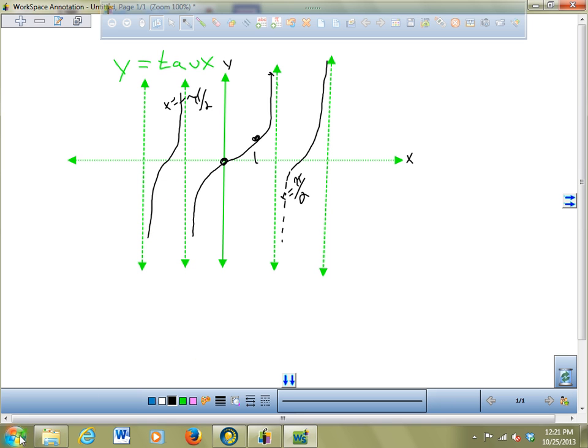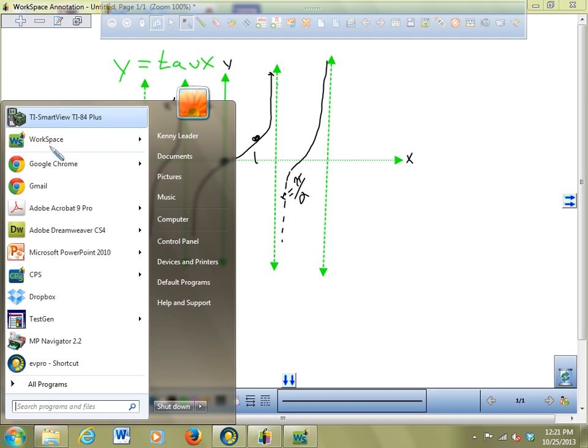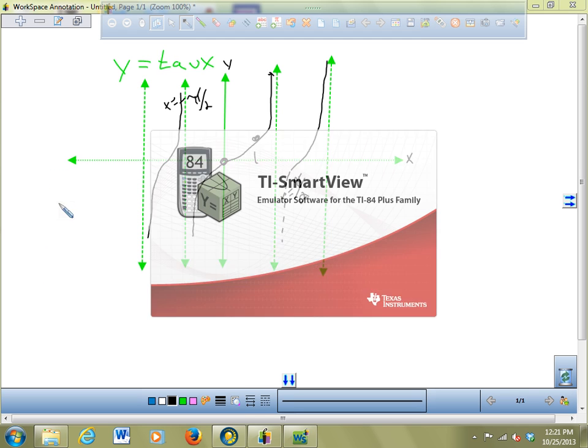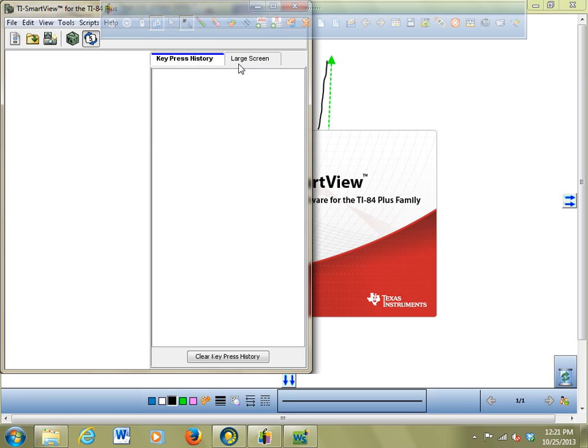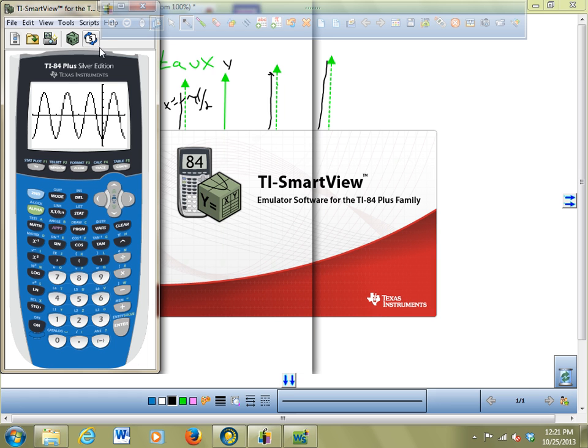If you graph it on your graphing calculator, some calculators graph the asymptotes and some don't. But if you are in radian mode, let's just show you. I think I must be in radian mode because I graphed that.